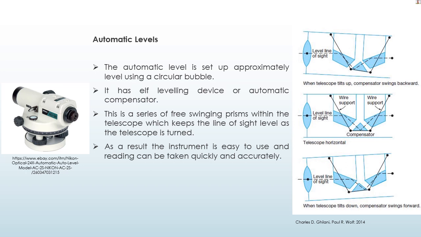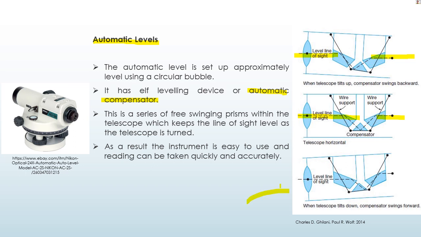Another type of level is the automatic level. It's very similar to the dumpy level, except that it has an automatic compensator. What does it mean? It means if your level is not completely horizontal, then the compensator here will adjust the line of sight and make it horizontal, so it gives you accurate results compared to the dumpy level.